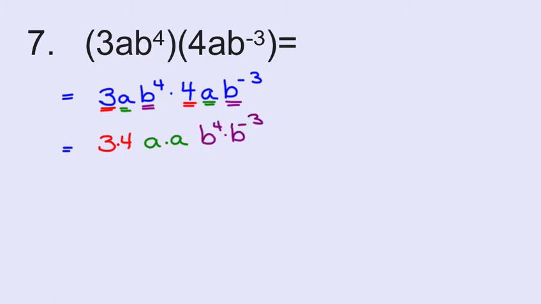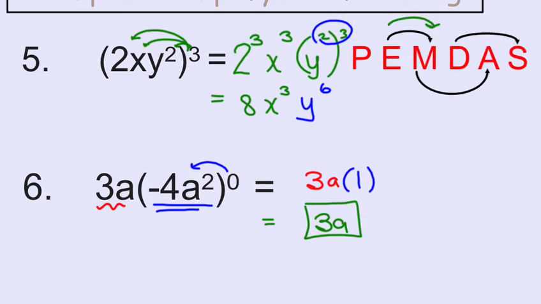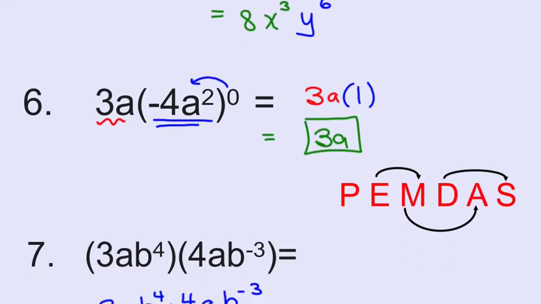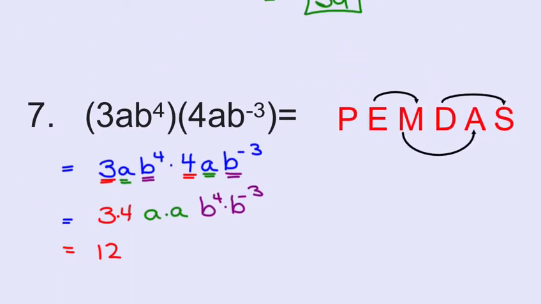Now, 3 times 4 is 12. We'll bring down our little PEMDAS rule here. Now you can see what are we going to choose for our a to the 1 and our a to the 1. What are they doing to each other? They are multiplying, so we are going to add those powers.